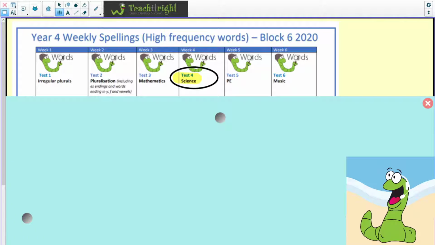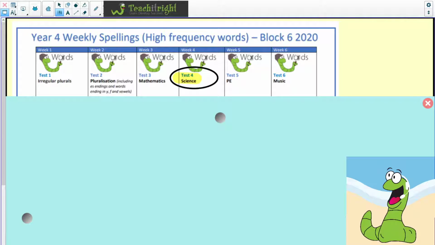Number 2, insect. Write the word insect. Number 3, oxygen. Oxygen. Number 4, element.